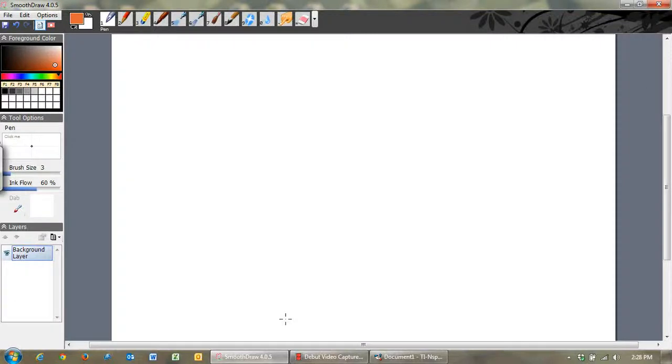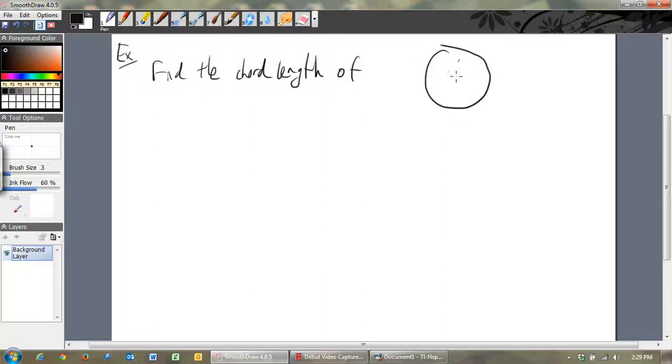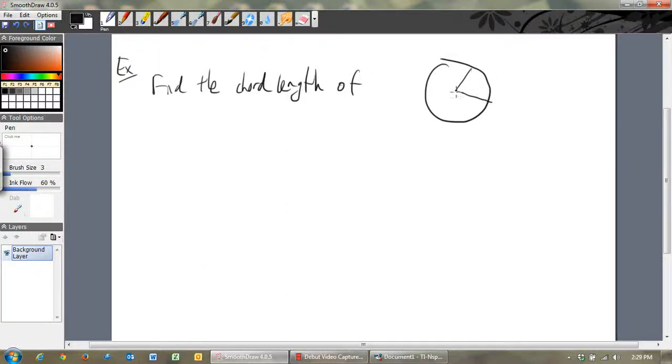So I'll just do one or two examples because you guys are smart and you can figure out how to plug numbers into formulas. Okay, so find the chord length of, I'm just making something up here. So I've got this and that, and we want to know, it's supposed to be a straight line.